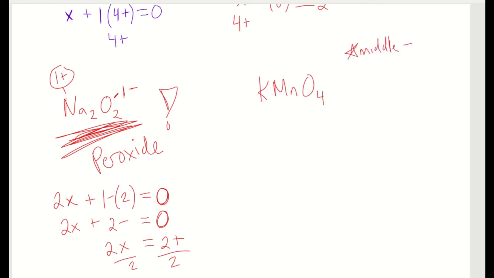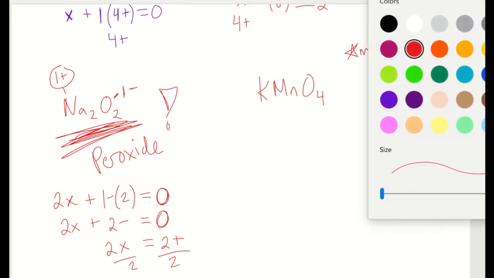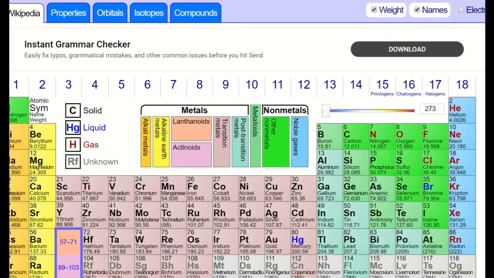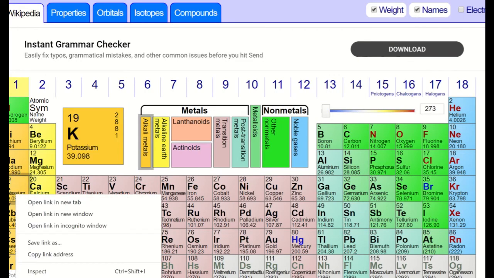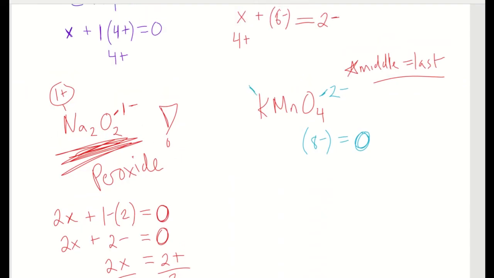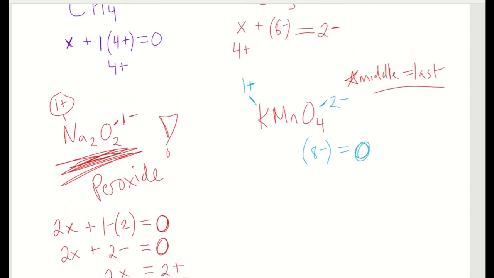All right, so let's look at KMnO4. Always do whatever's in the middle last. That's usually the easiest way to do it. So oxygen's 2 minus, so total there is 8 minus. Potassium is going to be 1 plus because it's found in the first column of the periodic table. Everything in that first column is always going to have an oxidation number of +1 because that is its charge.